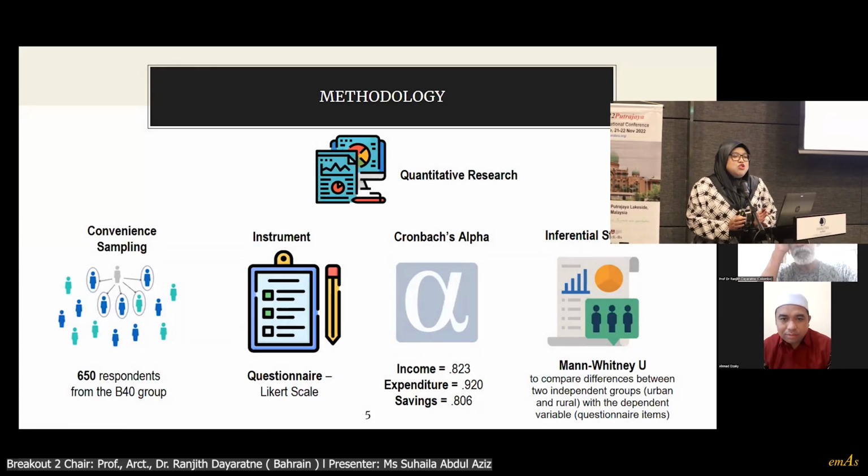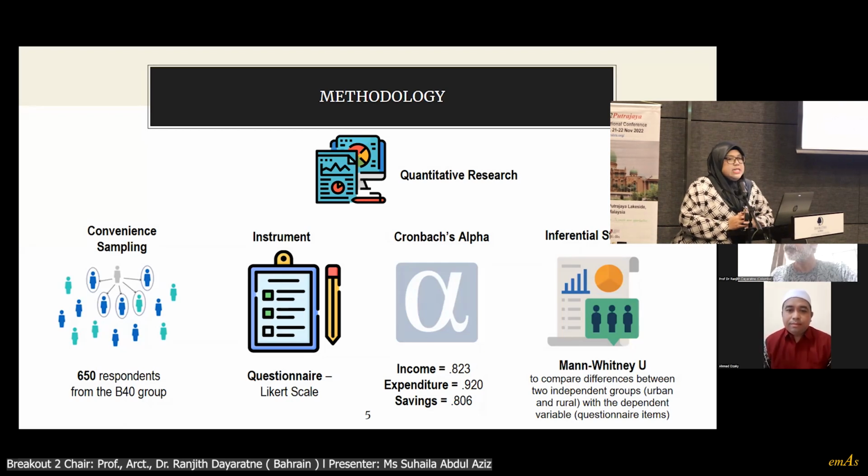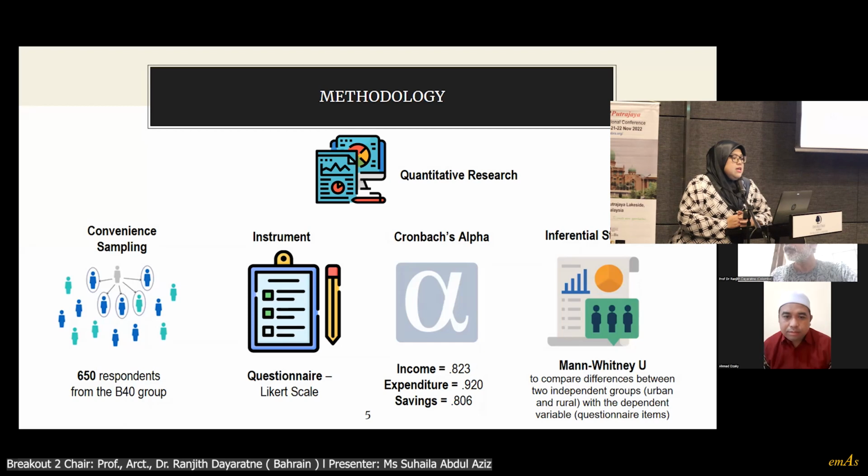So I would like to introduce our methodology. Of course we are using quantitative research, and the sampling technique that we are using is convenience sampling, with which we managed to get 650 respondents from the B40 group, from Klang Valley. The instrument that we use is a questionnaire, which is a scale questionnaire.